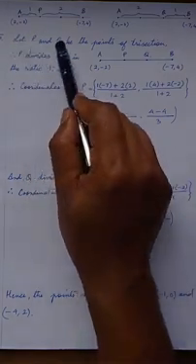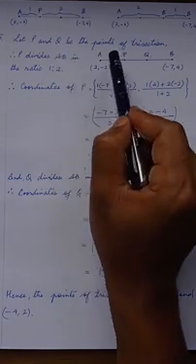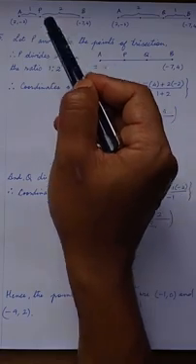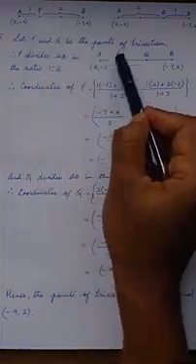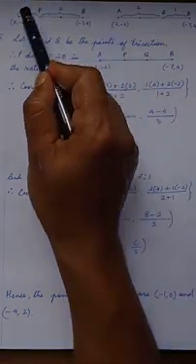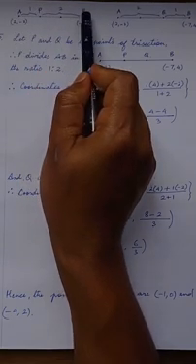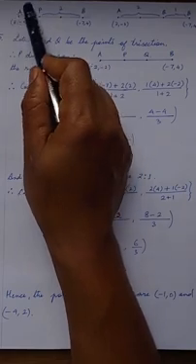If P and Q are the points of trisection, you can see P will divide the line segment in the ratio 1:2. Now how does 1:2 come? This is P, the first point, I've taken it here. So AP and PB are the 2 parts. In the first part I have only 1.